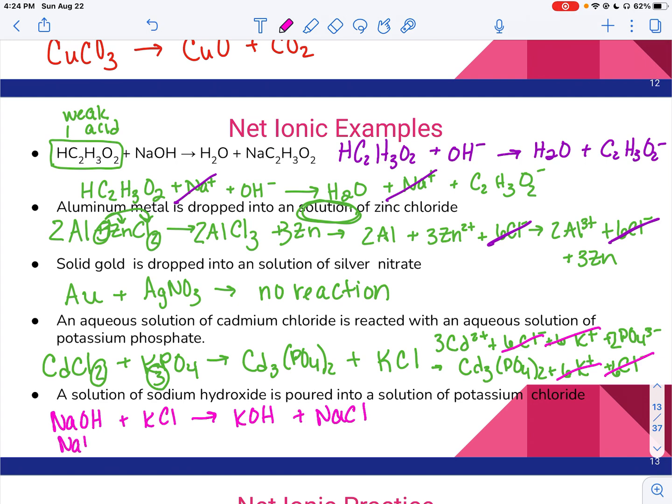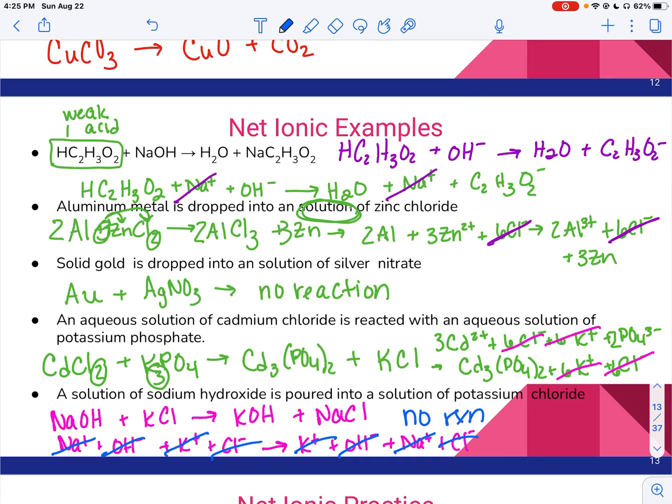So it would break up into Na+ OH- plus K+ Cl-. And then on the other side, we still have potassium and sodium. So we would have K+ OH- Na+ Cl-. So you can see that all of these are going to cancel. The Na+ cancels, the OH- cancels, the K, and the Cl. So for this one, you can just write no reaction.